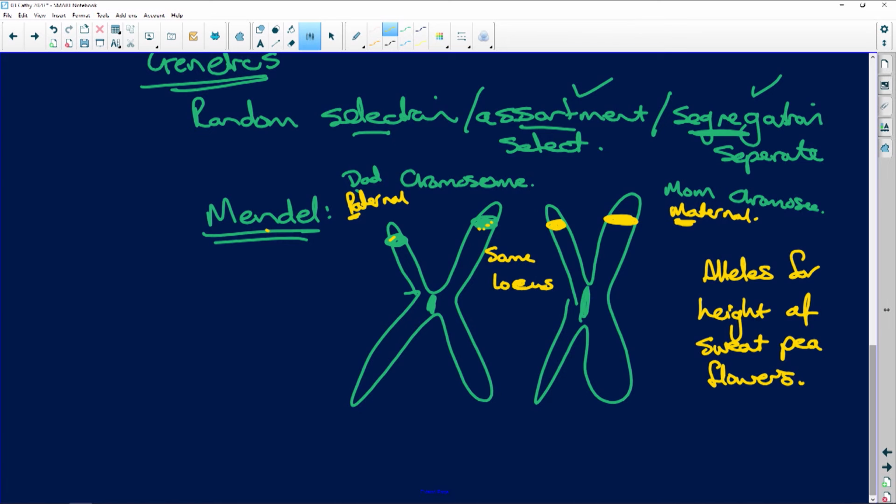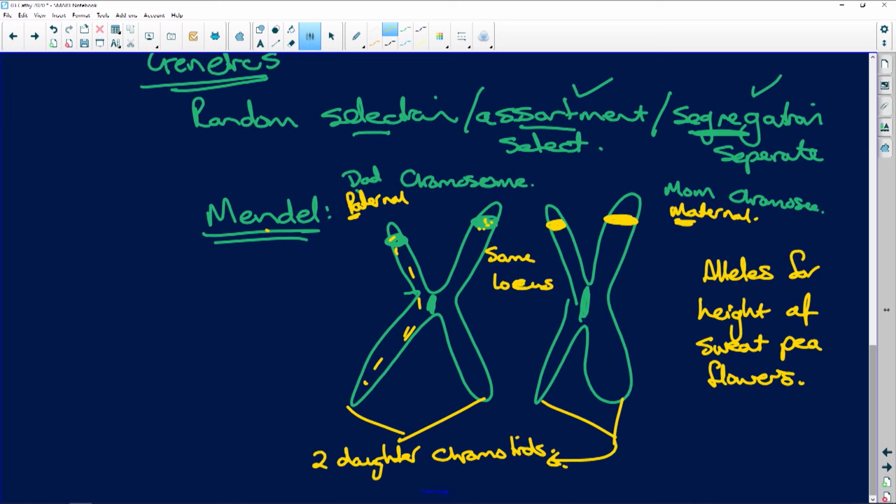Now remember that these two are 2 daughter chromatids. And the same here, 2 daughter chromatids. So what's on this one is exactly the same on this one. And what's on this one is duplicated on that one. So they're on the same locus because we've got alleles.